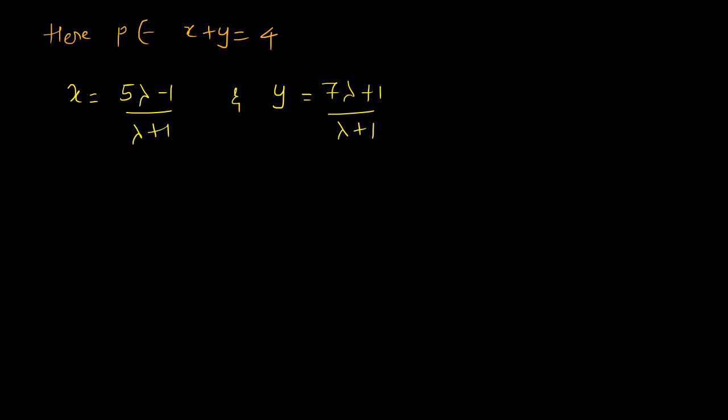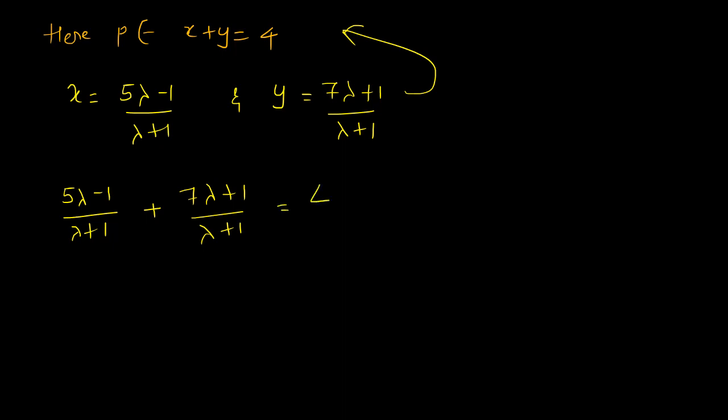Both x and y will satisfy this equation. Substituting, we get 5 lambda minus 1 upon lambda plus 1 plus 7 lambda plus 1 upon lambda plus 1 is equal to 4.